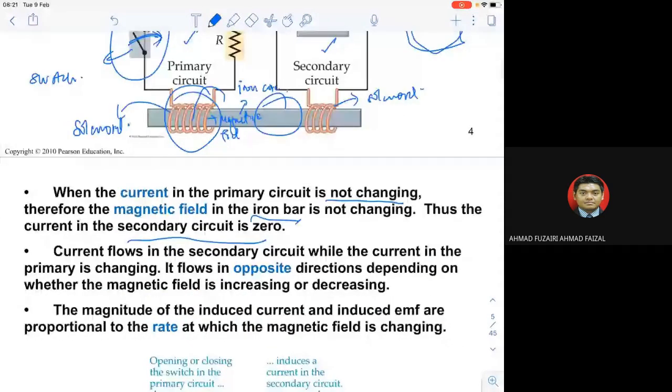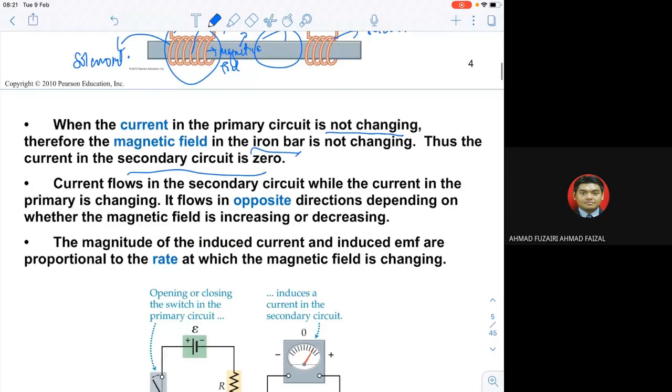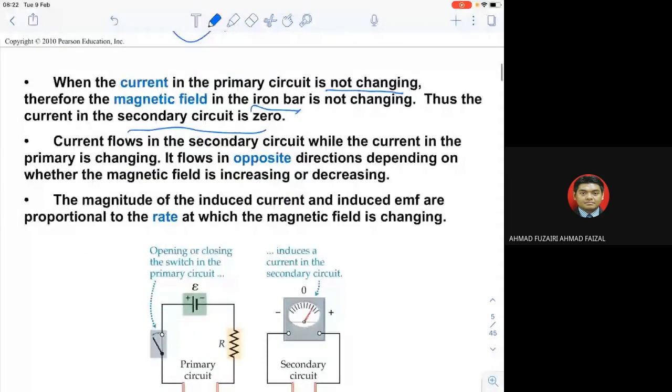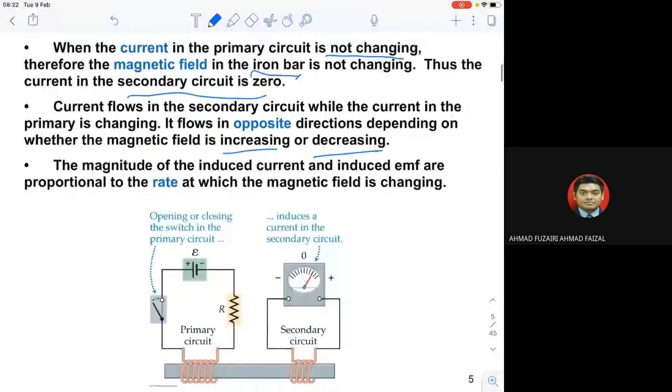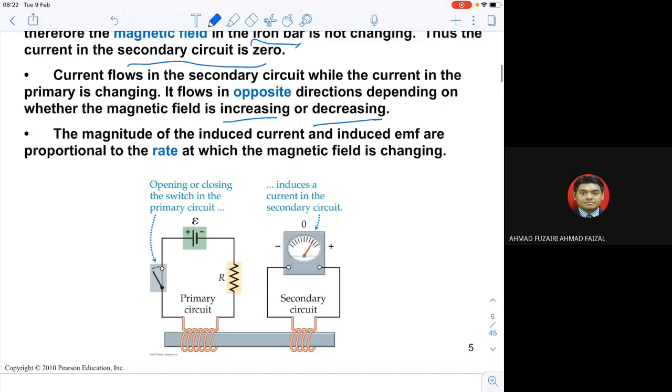So the current flows in the secondary circuit while the current in the primary is changing. Now, you must keep changing the current in the primary circuit. It flows in opposite directions depending on whether the magnetic field is increasing or decreasing. The induced current and the induced EMF are proportional to the rate at which the magnetic field is changing.